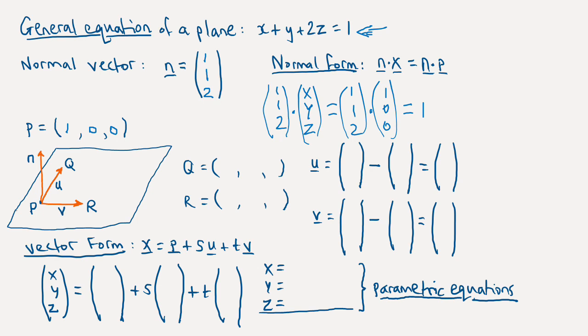So let's do that. We could pick, for example, Q. If we set x equal to 0, y equal to 1, and z equal to 0, we would be on this plane. And for point R, we could pick, say, 0, minus 1, 1.